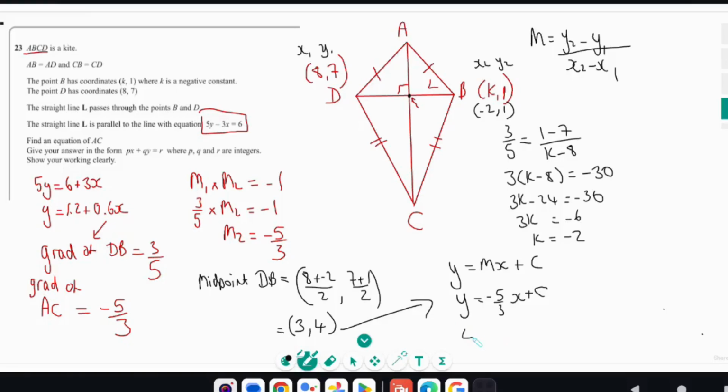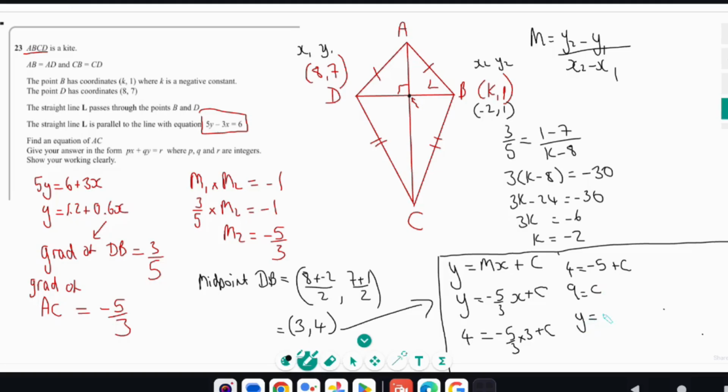So y is 4, x is 3. Let me simplify this. Minus 5 over 3 times 3 is negative 5. Add 5 to both sides, the y-intercept is c.